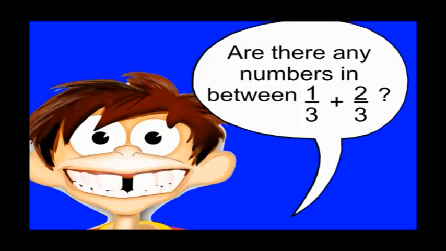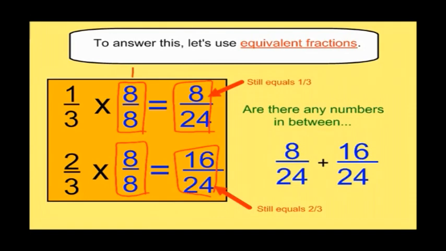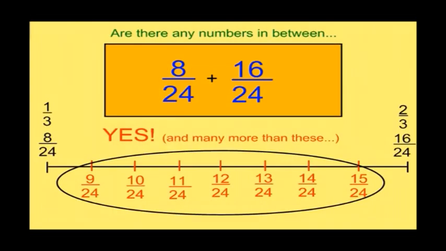So instead of asking you, are there any numbers between 1/3 and 2/3, I asked you, are there any numbers between 8/24, which is the same as 1/3, and 16/24, which is the same as 2/3? You'd say, oh, well, sure, there are quite a few things between 8/24 and 16/24. And there's actually a lot more than that as well. But equivalent fractions can help you in so many different ways.